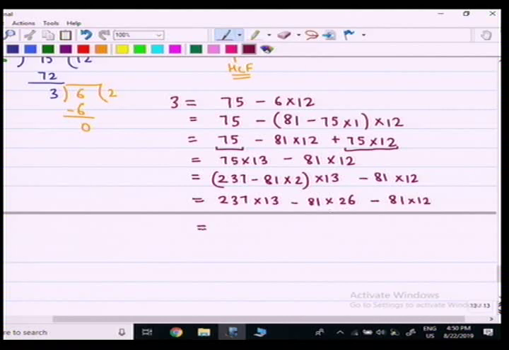Now we can see this 81 is present in both of them. If you take 81 as common, so minus 81 is common, you will be left with 26 plus 12. So 237 into 13 minus 81 into 38, since 26 plus 12 is 38.